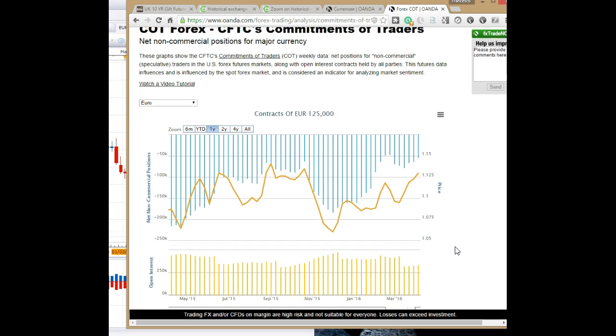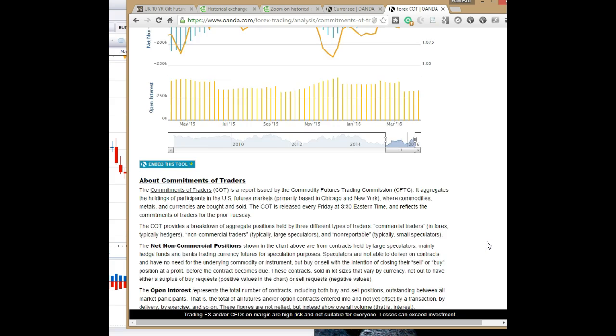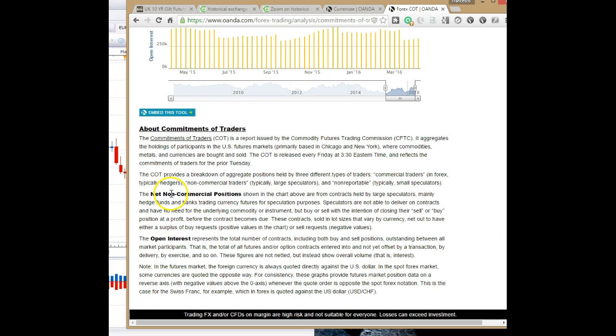Basically, it's converting all that data, which is numerical. If you're not seeing it, I won't show you now, but it's basically just the numbers with the open interest, short, long contracts on currency futures, and it's divided into different sections. This here puts together all the non-commercials. Non-commercials are held by large speculators, mainly hedge funds and banks trading currency futures for speculation purposes.